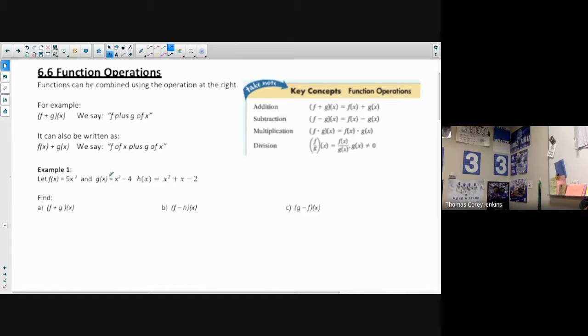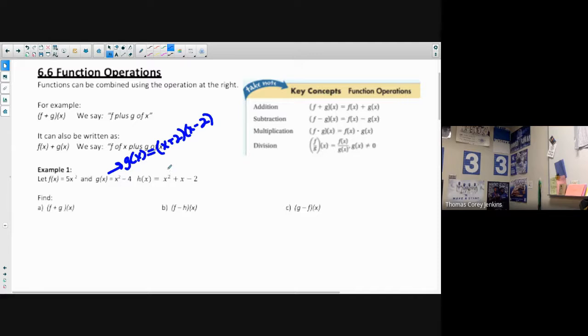So g of x could also be written as, thinking about that as difference of squares, that'd be a plus b times a minus b, so it could also be written as x plus 2 times x minus 2.